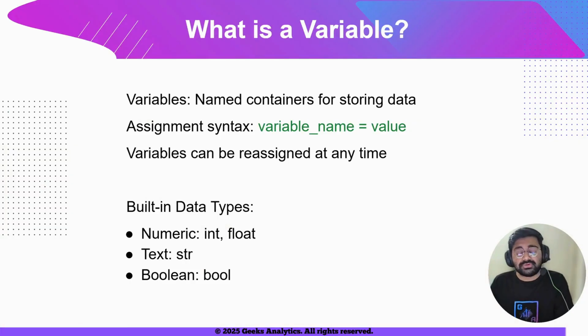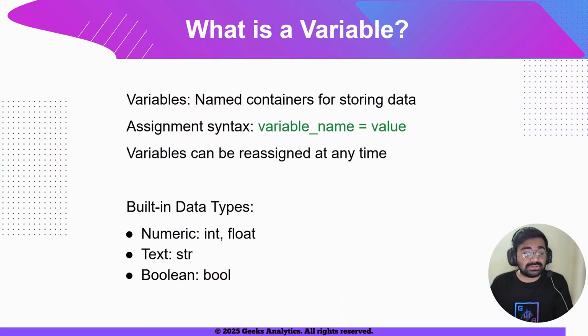So first of all, what is a variable? Think of it as a named container for storing data. You can also consider it as a box where you store your items, your values. You give each box a name. Instead of box, let's call it a variable.